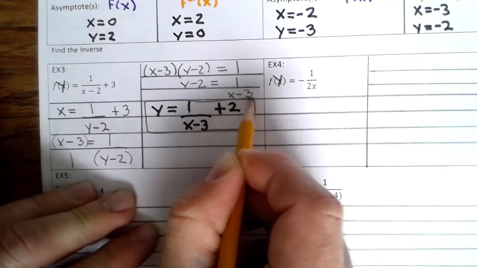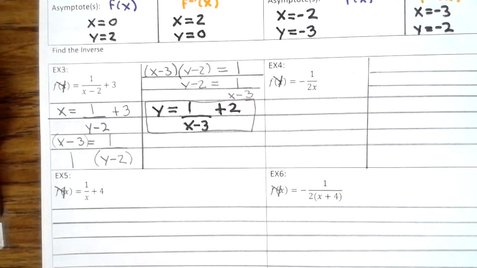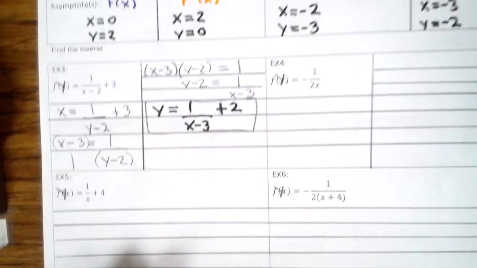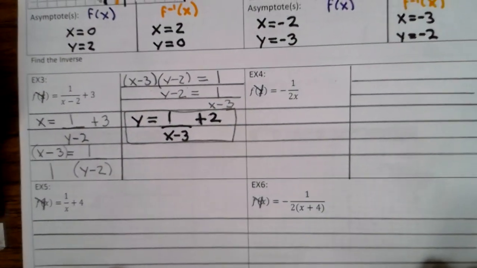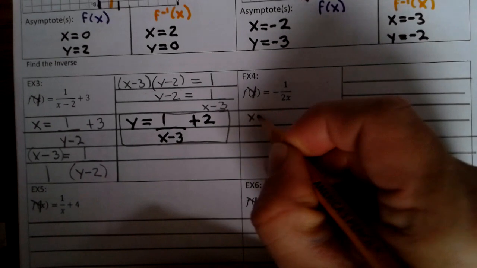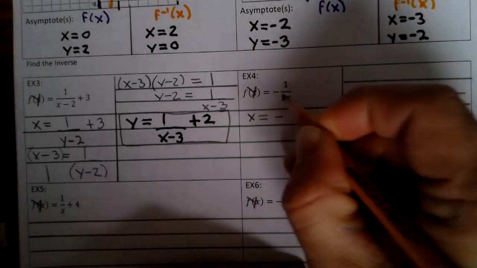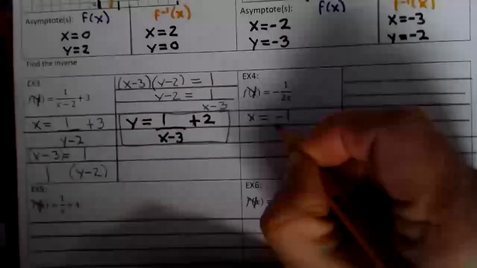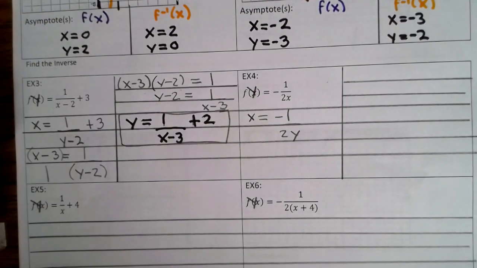Now let's take a look at example 4. Okay, so example 4. Switch x and y, so x equals negative, I'm going to put the negative with the 1, divided by 2y. I'm going to put a 1 here, cross multiply, so then it's 2y times x equals negative 1.